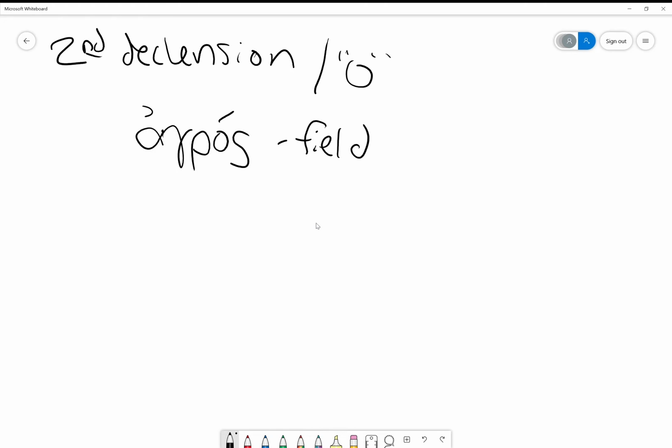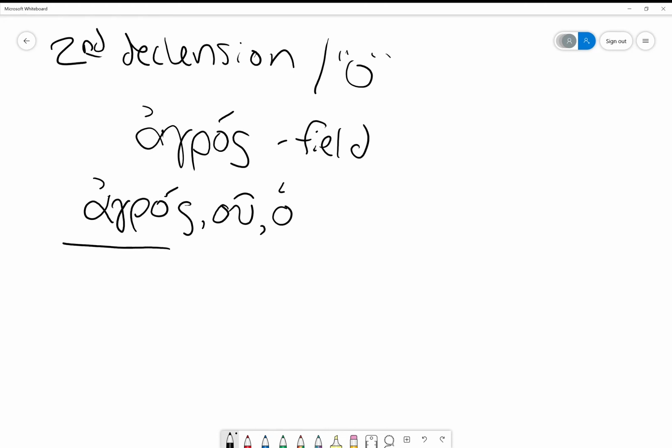So it said agros, and a comma, an ou, our accents, a comma, and a ho. Okay, this is our nominative form. Okay, this is our genitive ending. This is going to tell us what declension it is.